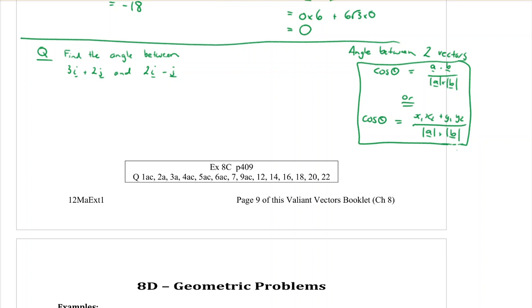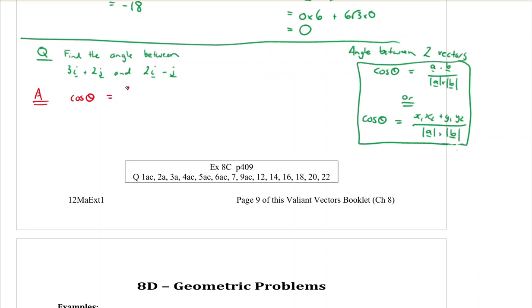So if I want to find the angle between those two vectors, cos of theta is going to be equal to, for my x values, I've got 3 and 2.